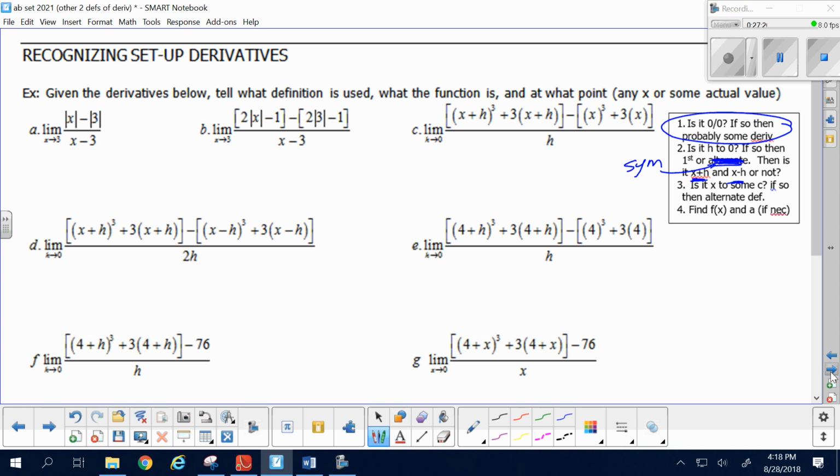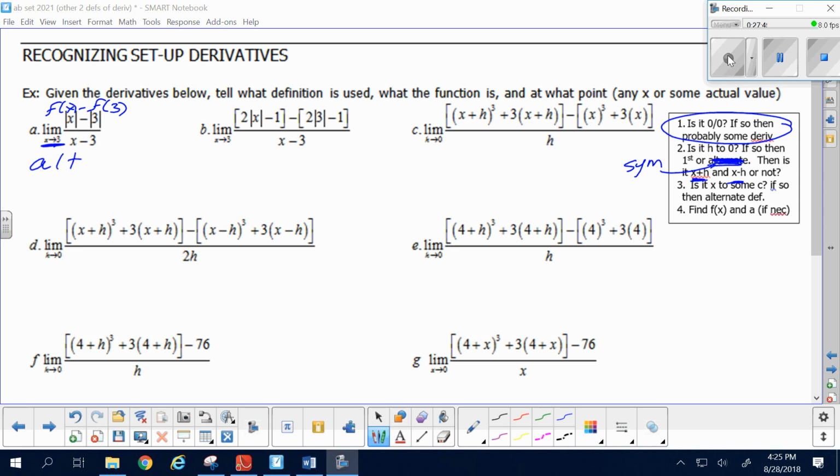All right, so let's go through this here. This guy, it has no h, x goes to 3. That is the alternate definition when x approaches a constant. Now it helps to have the derivative definitions to look at, but in the alternate definition, the numerator is f of x minus f of 3.